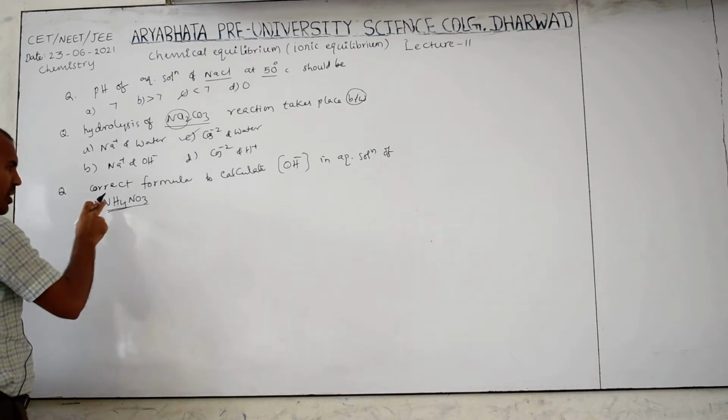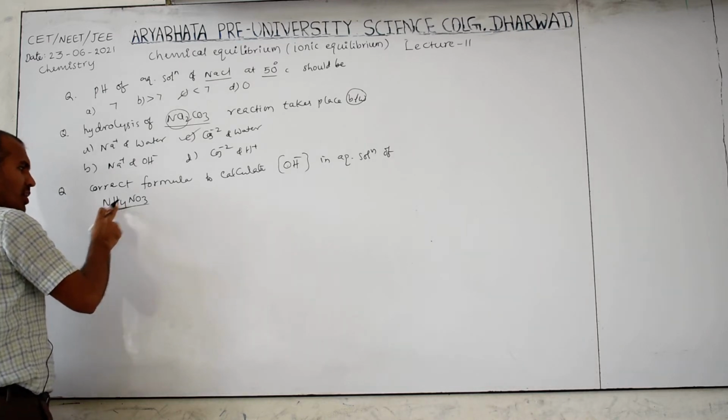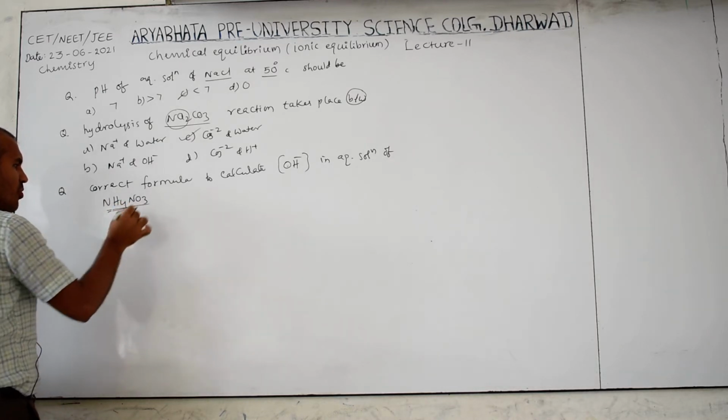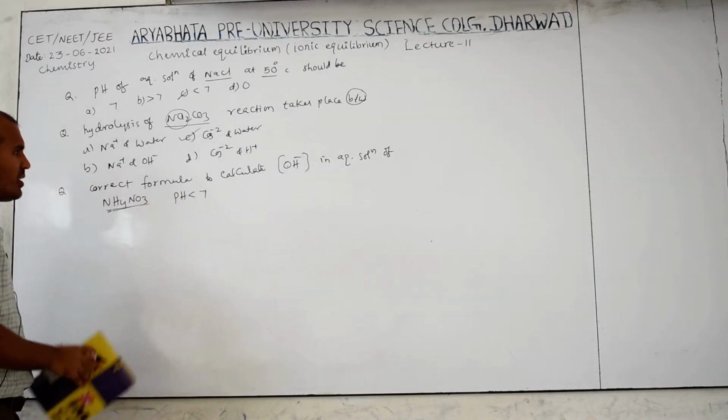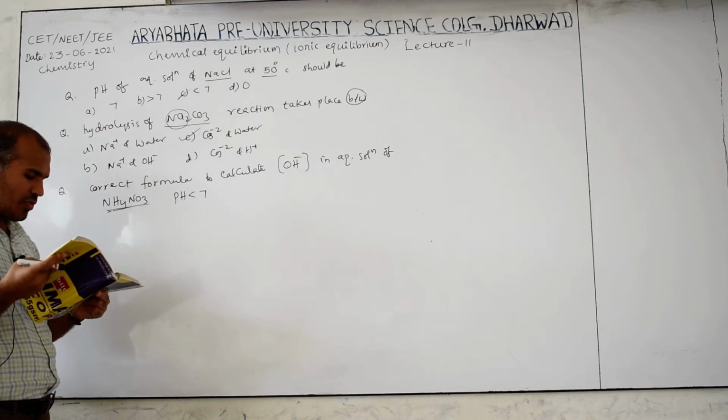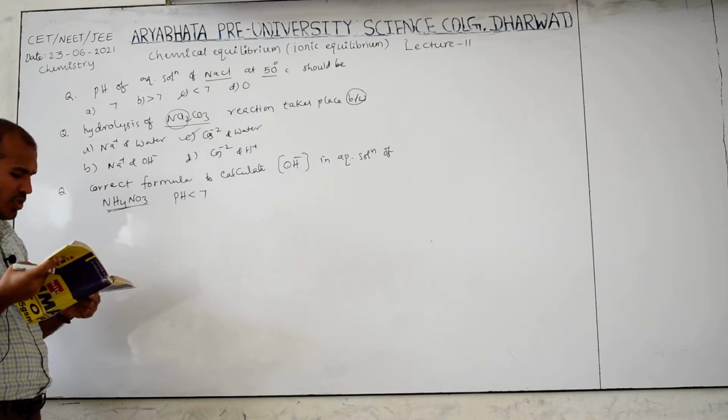Here, NH4 is weak, this is strong. Therefore, the pH is less than 7. Then we have to calculate the OH minus ion concentration.